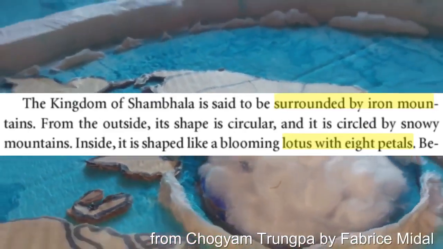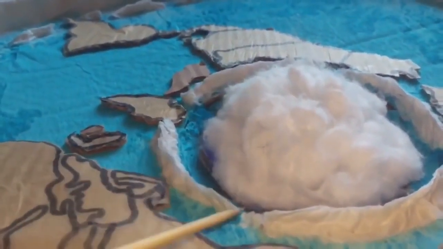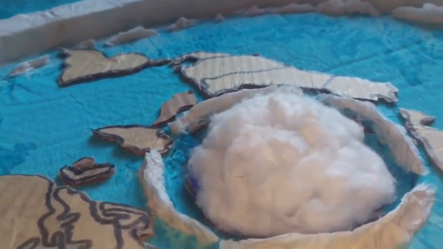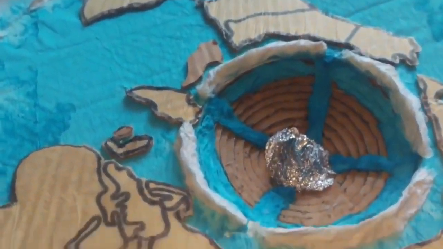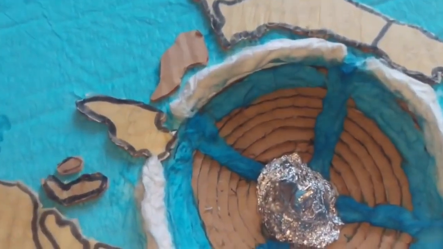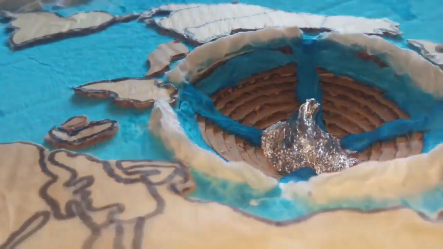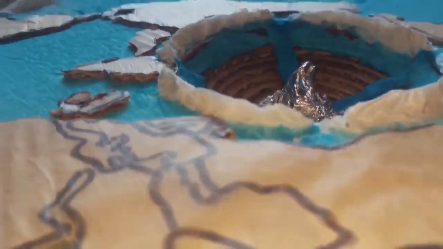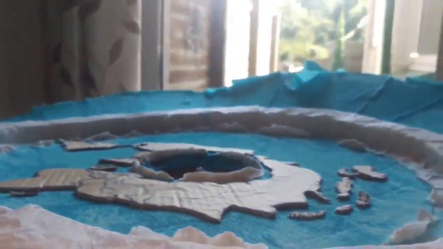Okay? We believe that underneath this cloud there are lands. There is a continent, a crater continent. Okay? It's more like a depression or a valley. Okay?